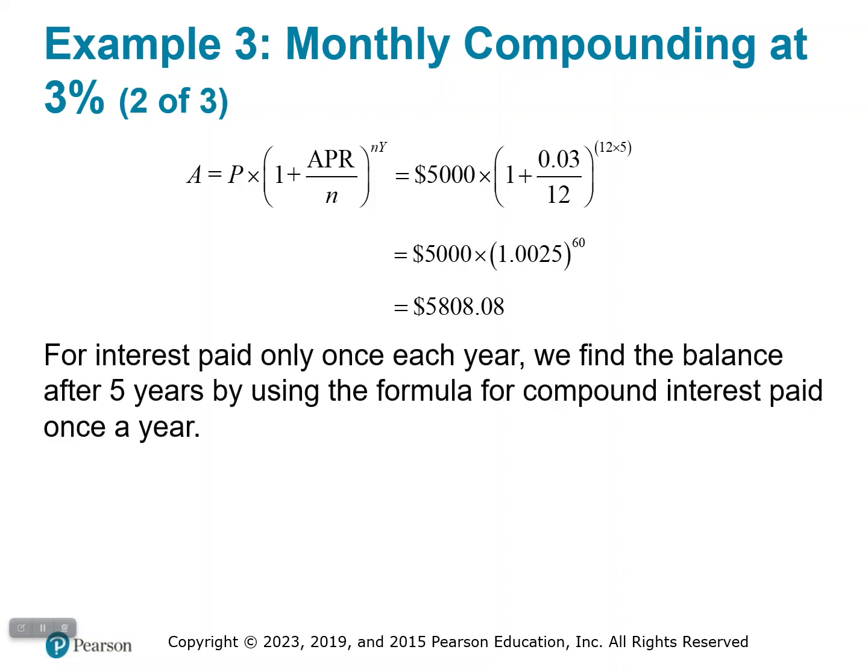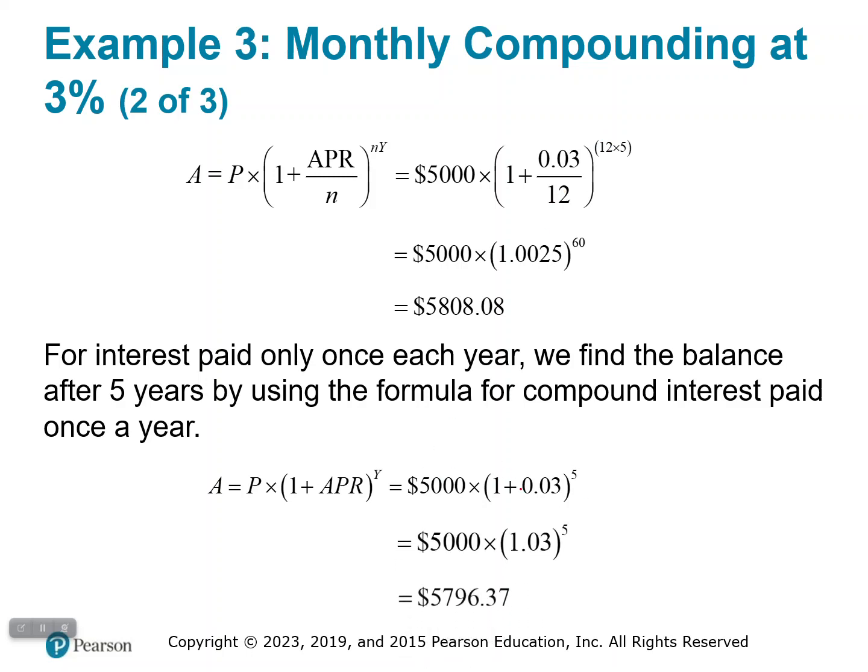Lots of 8s. For interest paid once each year, we find the balance after 5 years by using the formula for compound interest paid once a year. So now we'll just use 0.03 APR for 5 years because we're not dividing it up amongst 12 payments. All right, so these numbers don't change if we're just going yearly. And that turns out to be $5,796.37.